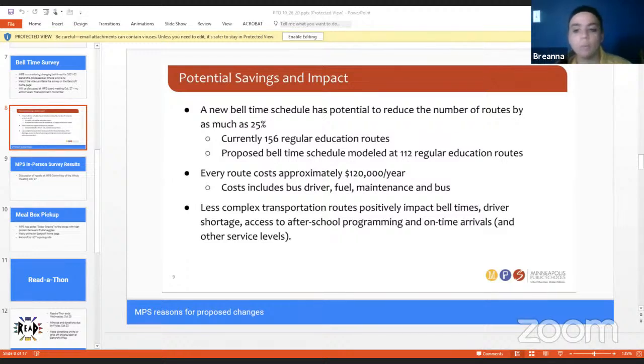We will share those continually if we get more survey results, but also just letting the board know. That survey piece was to drive the draft of the bell times, and now we're beyond that. So now I think letting the board know our thoughts on that.